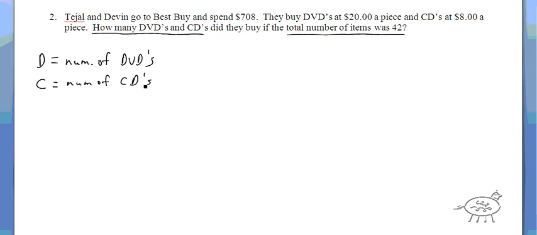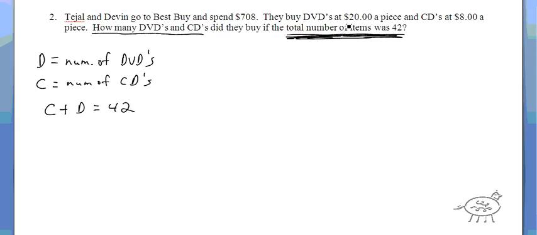Okay, so the first equation actually is really nice. This first thing I underlined here: the total number of items was 42. That means the number of DVDs and the number of CDs together equal 42. So that's your first equation: C plus D equals 42. That's a really easy equation. The second equation is almost as easy because we kind of did it on the last example.